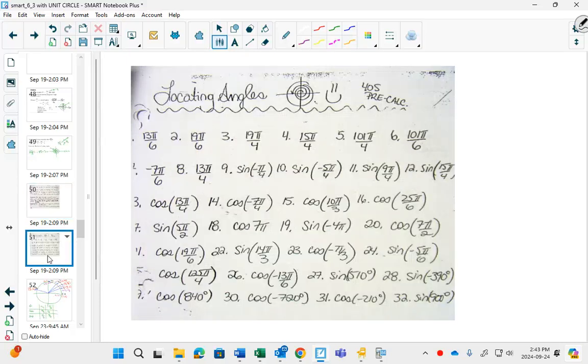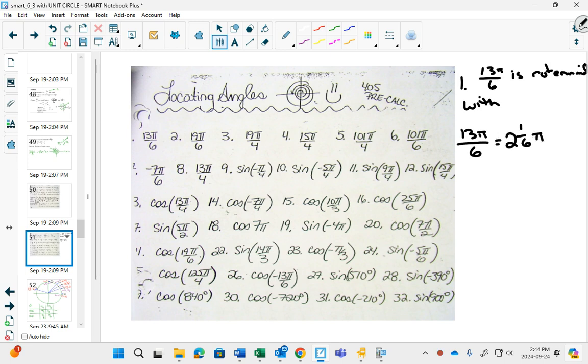So when we look at this, if we start with question 1, we can say 13 pi over 6 is coterminal with... And then when trying to figure out what it's coterminal with, you could take your 13 pi over 6, change it to a mixed fraction, and you will get 2 1/6 pi.